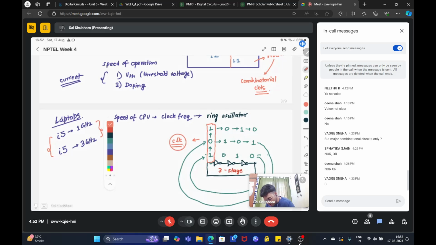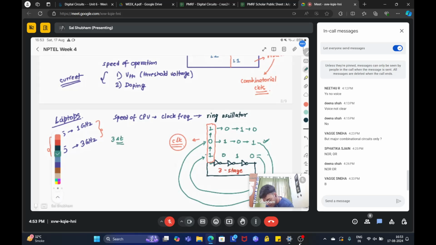In a faster CPU, the CPU is faster because this transition is taking less time. As I mentioned earlier, delta t is the time an inverter takes to show the output. In this case, it will take 3 delta t.